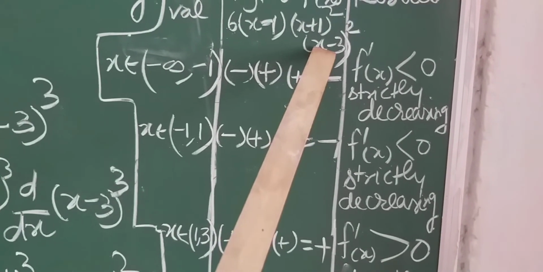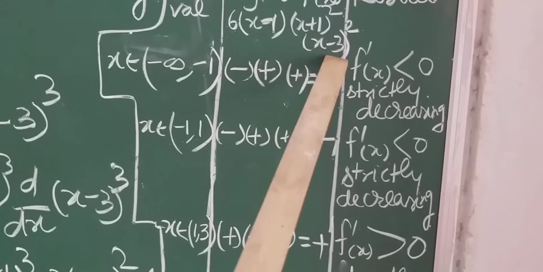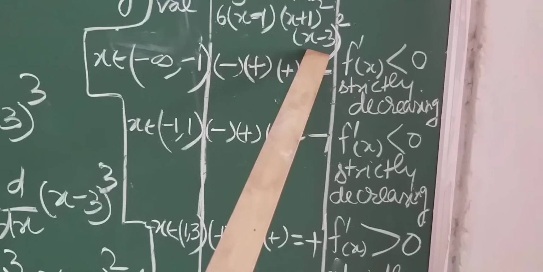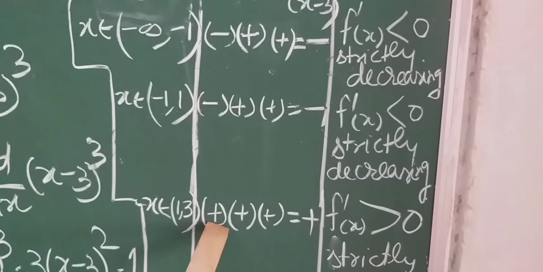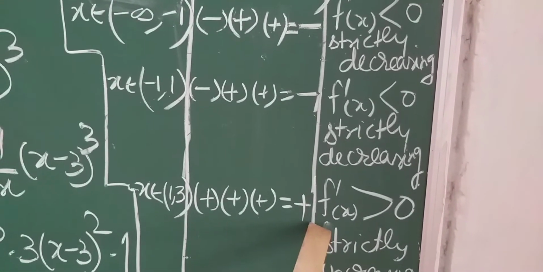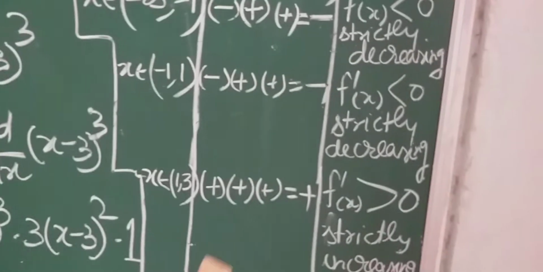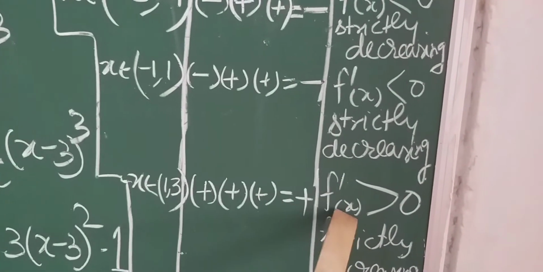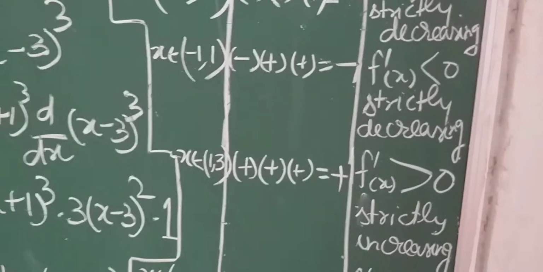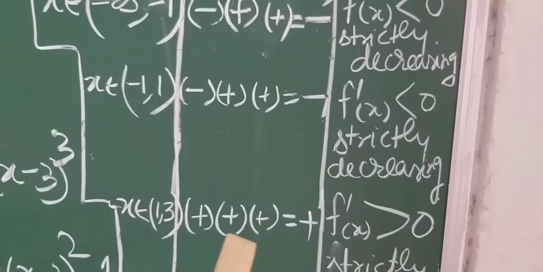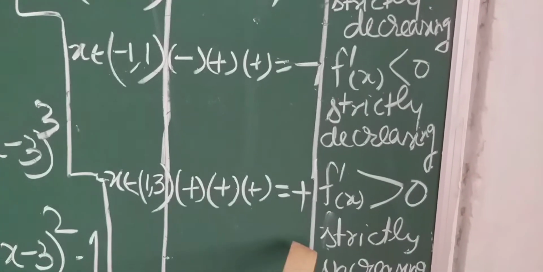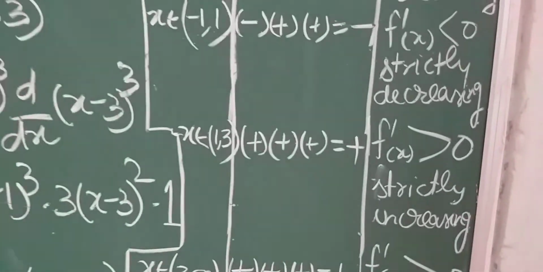When we put 2 here in (x minus 3) whole square, then it is also positive. So the overall result is positive, student. Therefore f dash x greater than 0. We know that, students, if f dash x is greater than 0, then the function is strictly increasing.